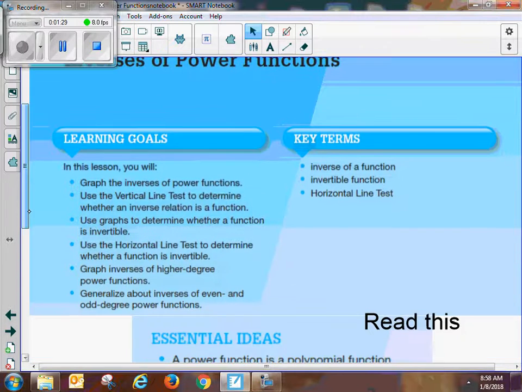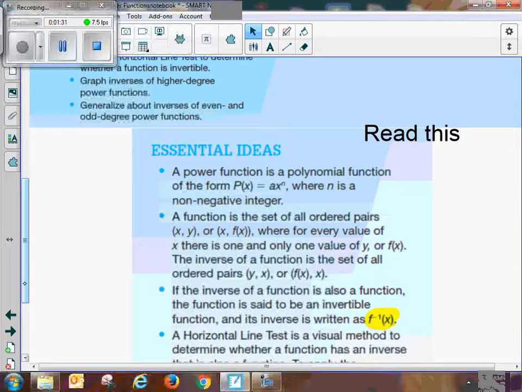So down here, just a quick little tidbit. We'll be working with power functions. So do you see how it says x to the n power? That's your exponent. And then for an inverse, every ordered pair you know is an x, y, or an x comma f of x. The inverse is taking your x and your y and reversing it.